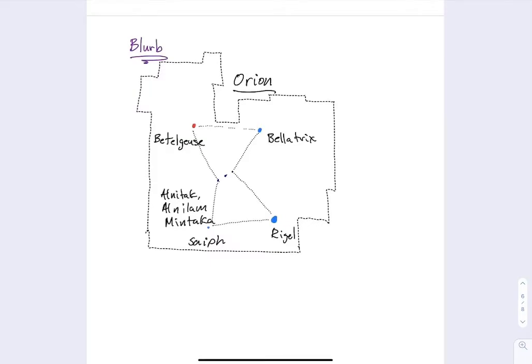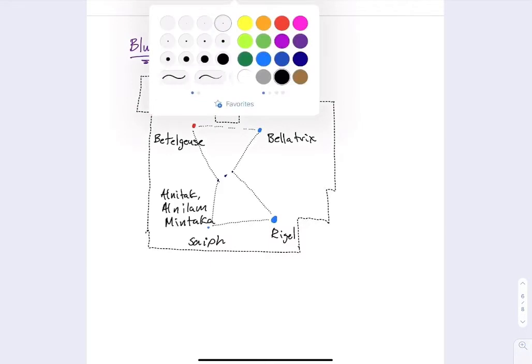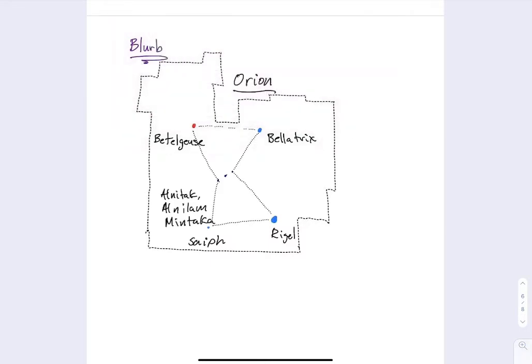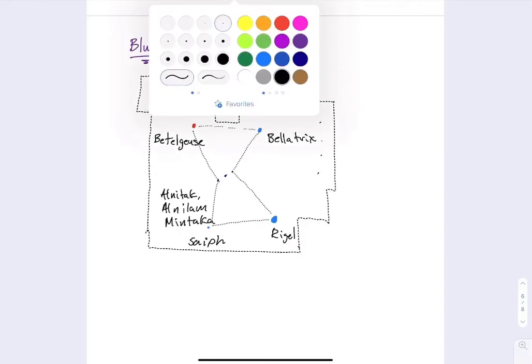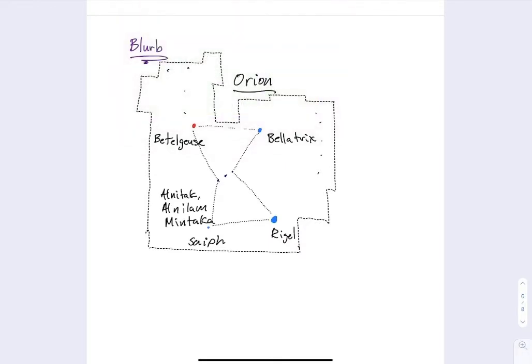And then usually there's some stars out here kind of making up its shield. And then he's also usually got a couple stars here that are harder to see. A lot of people have made that like a club or something. And then of course there's the Orion Nebula M42 that kind of hangs off of his belt.